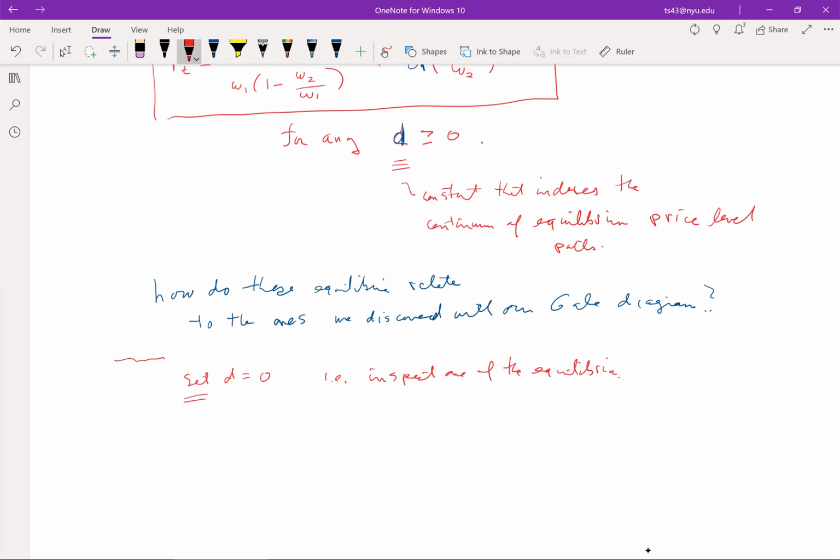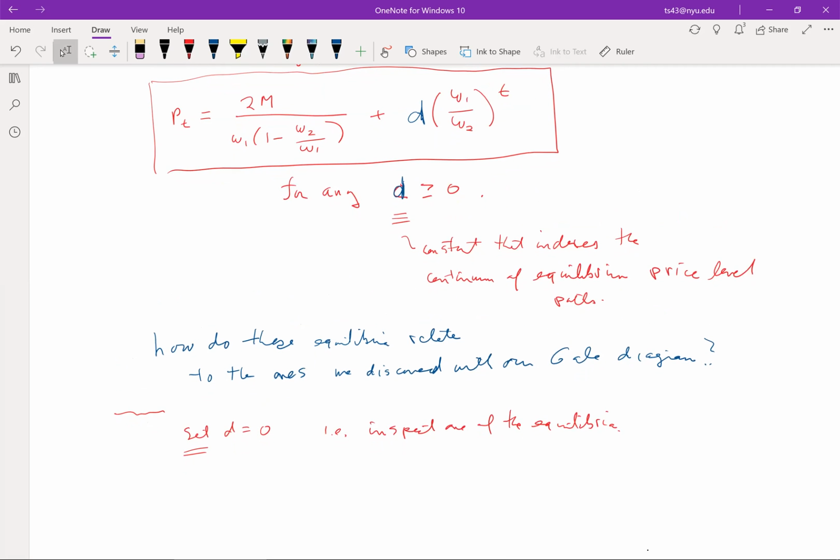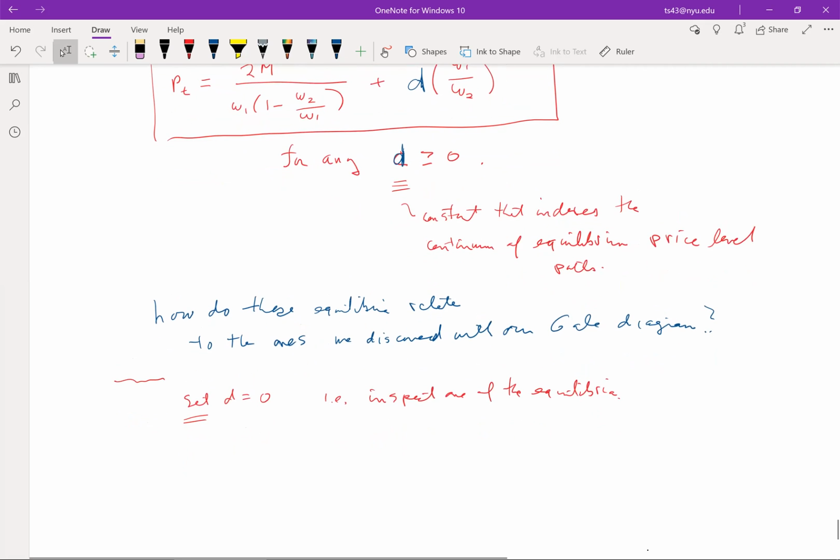It's not that anybody is free to set this. That fact concerns Samuelson, and it's concerned other people. It concerns policymakers in various countries. Okay, I'm going to set it equal to 0, and I'm going to inspect that equilibrium.